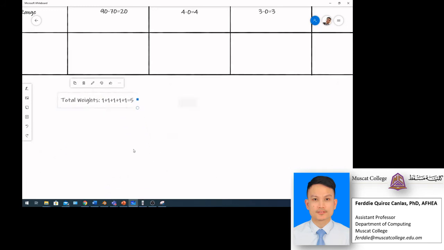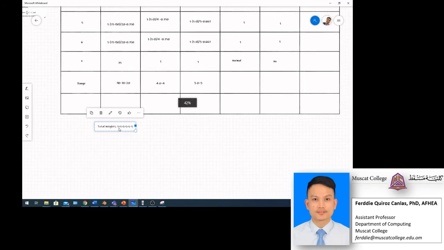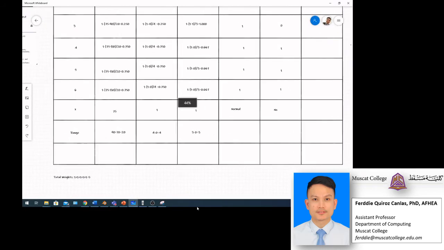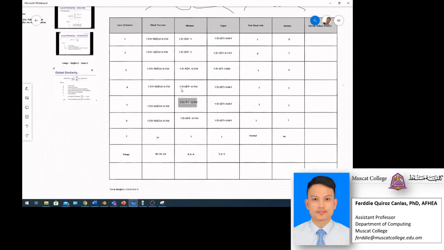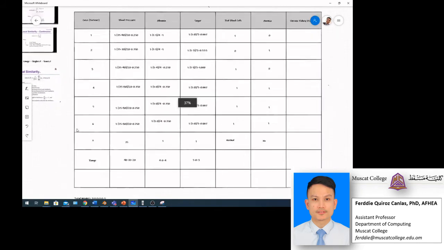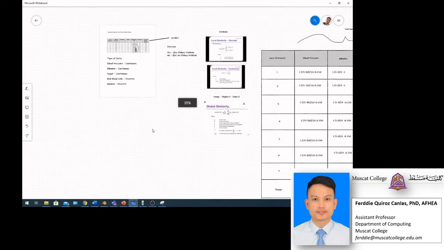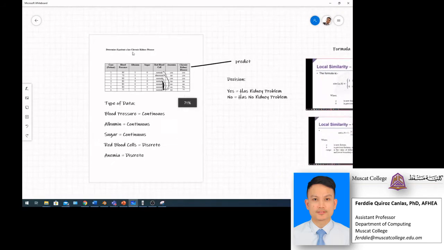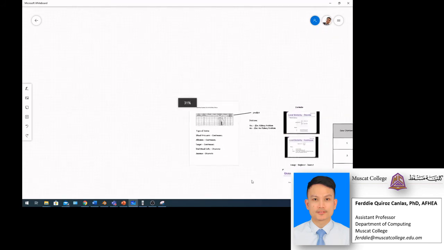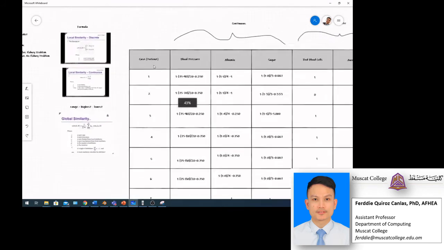So this is the total weights. Why is it 5? Because the weight for blood pressure is 1, the weight for albumin is 1, the weight for sugar is 1, the weight for blood cells is 1, and the weight for anemia is 1. Because in the problem that we are solving, it was not stated what the weights of each column are, so we will assume that all of them are equally 1.